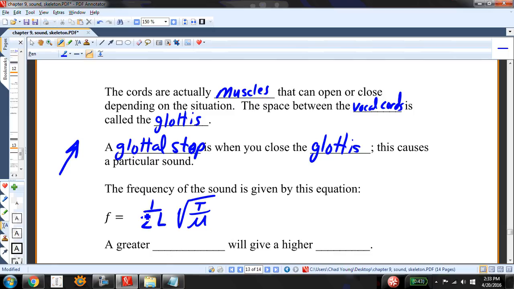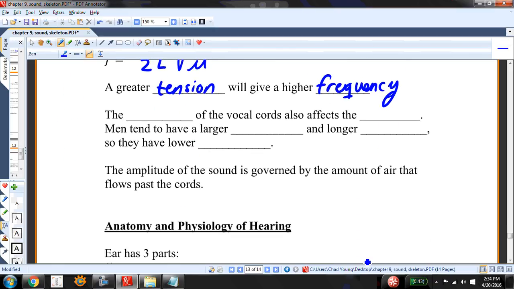So a greater tension will give a higher frequency. If anybody ever asks you to give a high-pitched sound, you say, well, hold on just a second. Let me increase the tension in my vocal folds, and then I'll be able to do it for you. Okay? Now, the length of the vocal cords also affects the frequency.